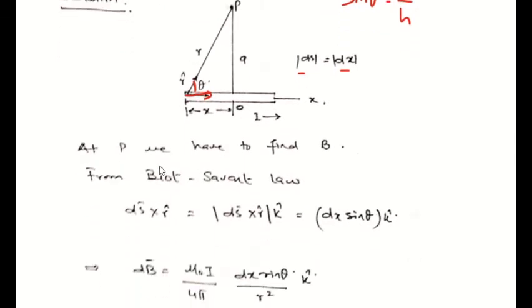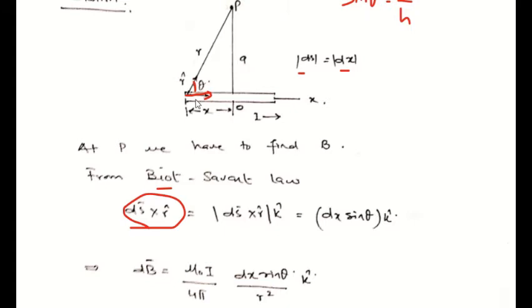So at point P we have to find B, and using this Biot-Savart law, I have considered this part of the formula currently. So ds cross unit vector r is equal to ds sine theta unit vector k.